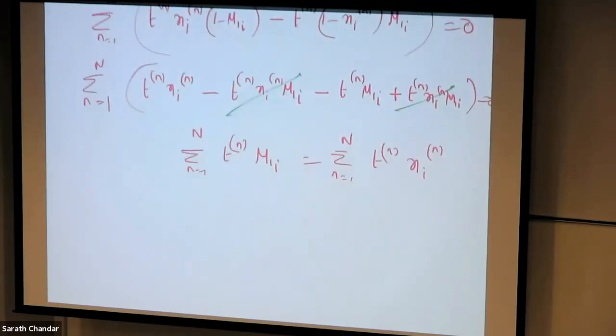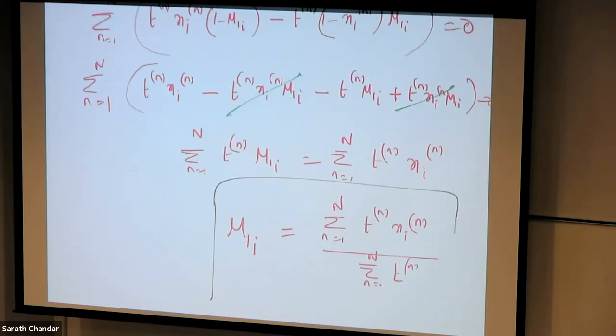Or μ_1i, the probability for the feature i being 1 for this particular class, is given by summation n equals 1 to capital N of t_n x_i^(n) divided by summation n equals 1 to capital N of t_n. That's it.